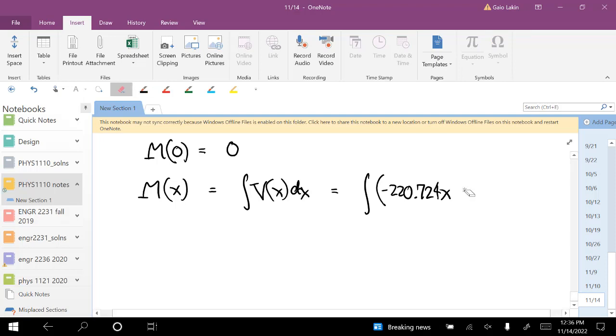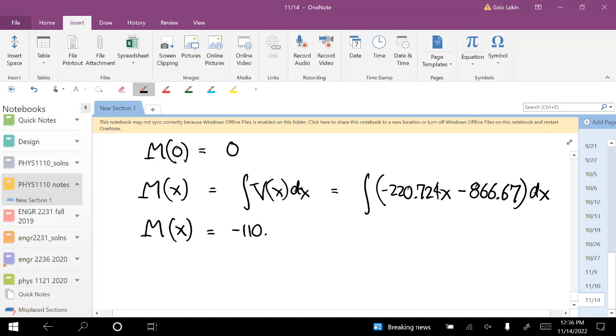Minus 866.67 dx. Okay, so this function M of x is equal to negative 110.362 x squared minus 866.67 x plus some constant c.